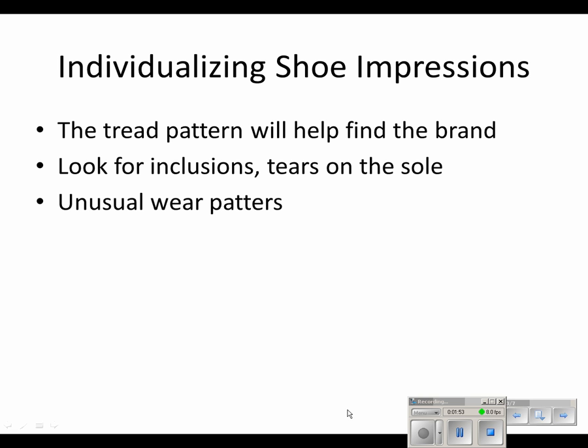And then, of course, tears on the sole. We can also look at unusual wear patterns. And this would include someone that walks heavy to one side of their foot versus the other, somebody that wears out their heels because they drag their feet instead of making a full step, somebody that walks more on the ball of their foot. And we can see that kind of distribution of the wear because of that.